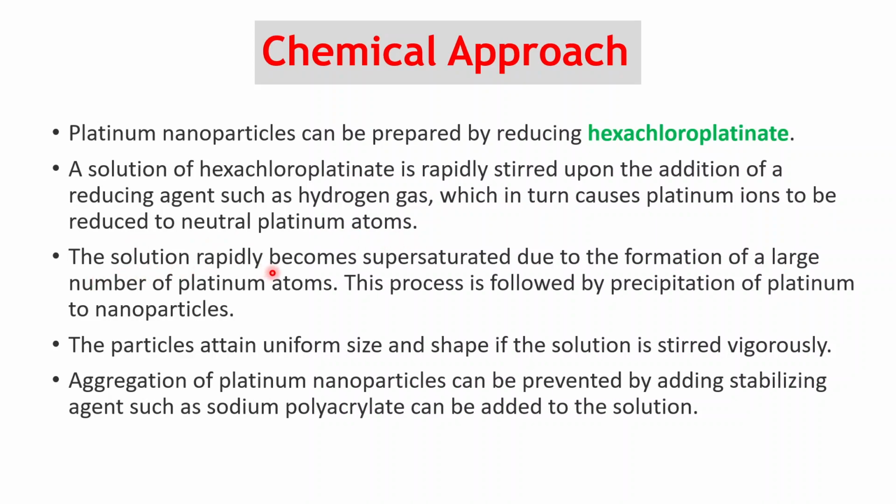The solution rapidly becomes supersaturated due to the formation of a large number of platinum atoms. This process is followed by precipitation of platinum into nanoparticles. It's a simple method, and the particles attain uniform size and shape if the solution is stirred vigorously. The aggregation of platinum nanoparticles can be prevented by adding stabilizing agents such as sodium polyacrylate to the solution.